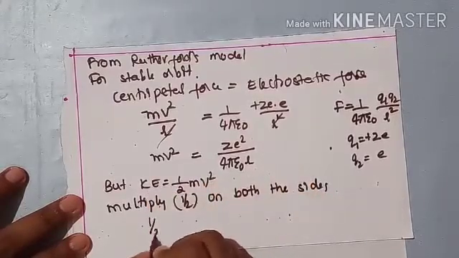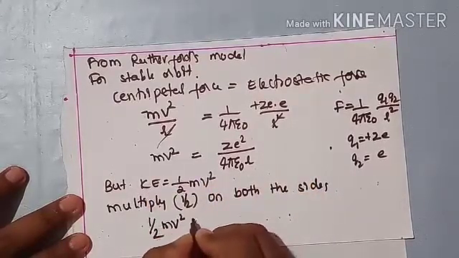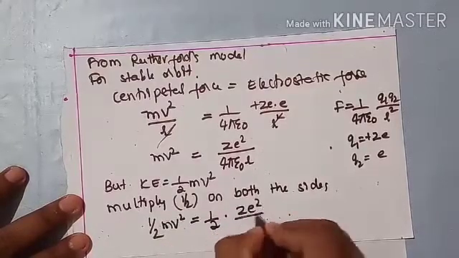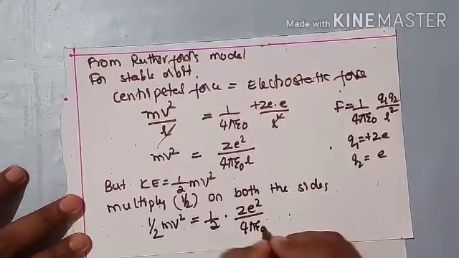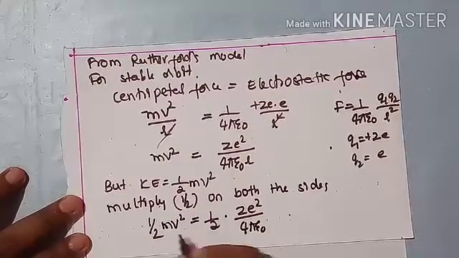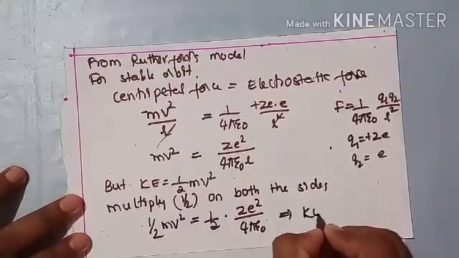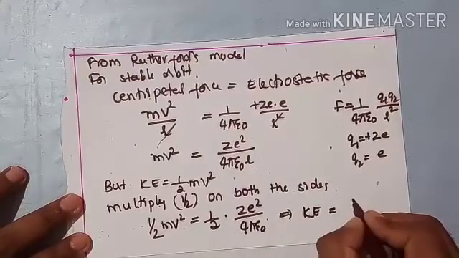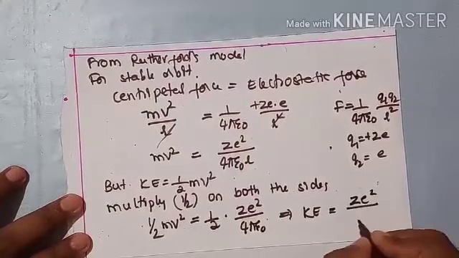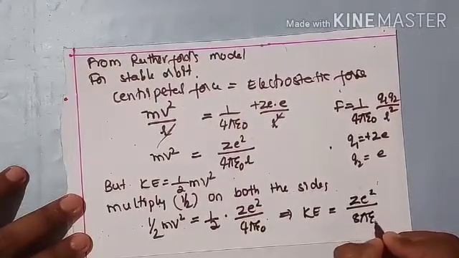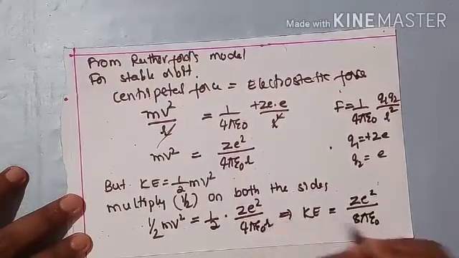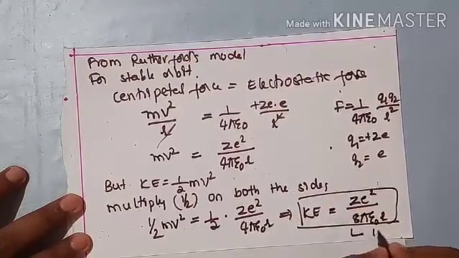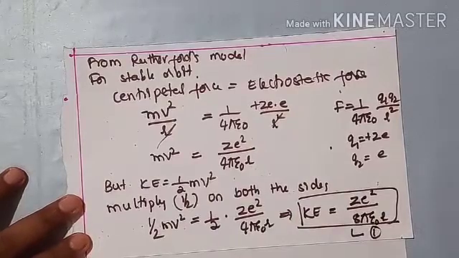Then you get 1 by 2 mv square is equal to 1 by 2 into Ze square divided by 4 pi epsilon naught r. This implies that half mv square, which is the kinetic energy, KE is equal to Ze square divided by 8 pi epsilon naught r. This is the expression for kinetic energy. Take it as equation number 2.